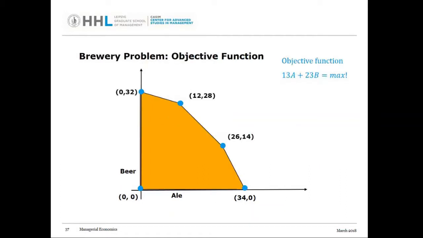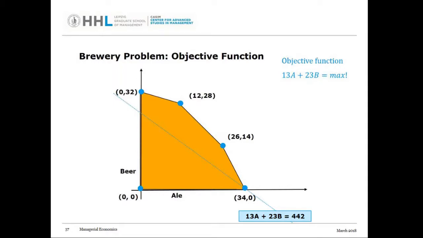Okay, so we described the feasible set of possible solutions graphically. Where is the objective function? The objective function can also be represented graphically. So this is a straight line, and the line has the parameters $13 of profit for a barrel of ale and $23 for a barrel of beer.